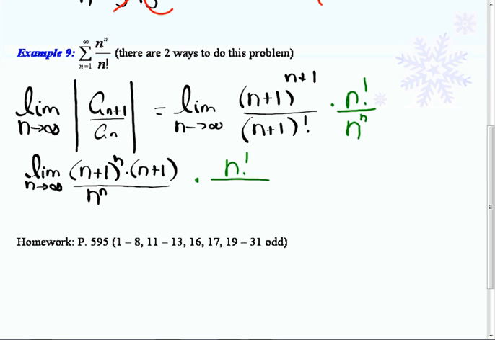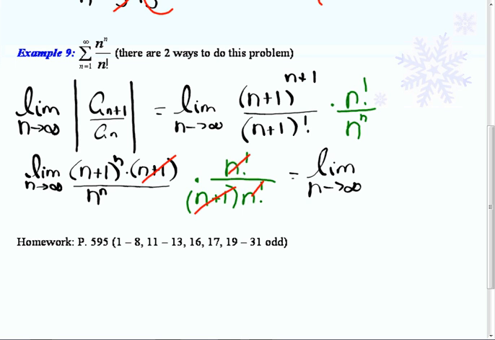What's n plus 1 factorial? It's n plus 1 times n minus 1 times n minus 2, 3, 2, 1. It's n factorial. What's going to reduce? We're going to get rid of the factorials, the n plus 1s. And now you have to be careful with this, because I know what you're going to think. This is equal to the limit as n goes to infinity.